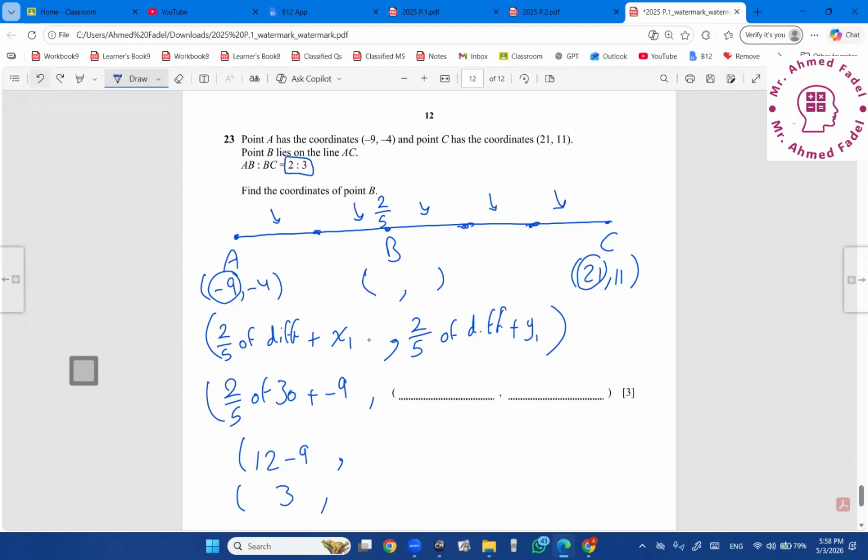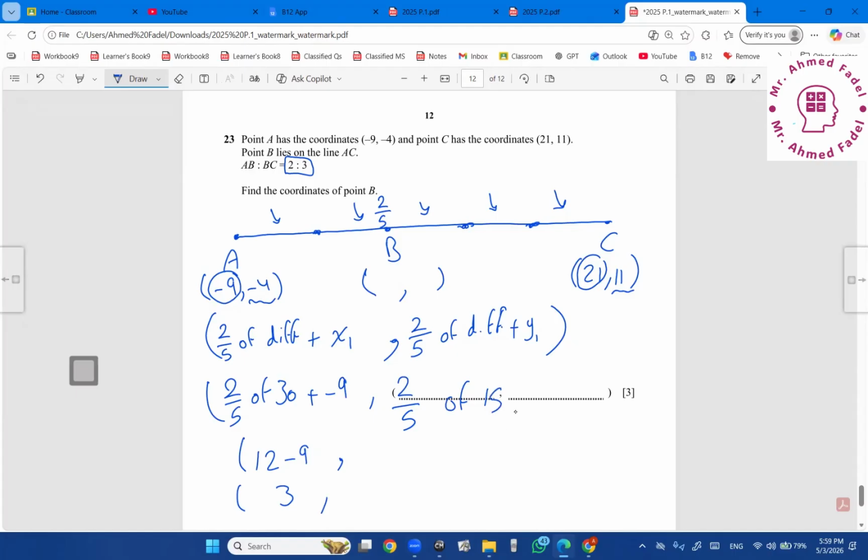Okay, good. But I still need to find the y. What is 2/5? I'm going to use this distance of the difference in the y's. The y is -4 here, 11 here. So 2/5 of the difference. What is the difference between -4 and 11? There are 15 numbers, mister. From -4 to 0 is 4, and until you reach 11 is going to be 15 numbers.